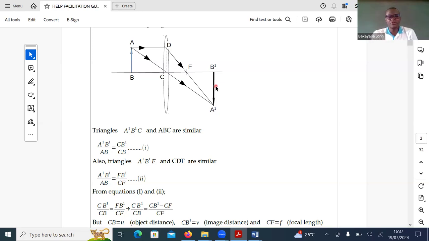And also the ray that goes through the optical center goes through undeviated. So we have similar triangles, A prime B prime C and ABC. Let us first consider the one for A prime, B prime, C, and ABC.